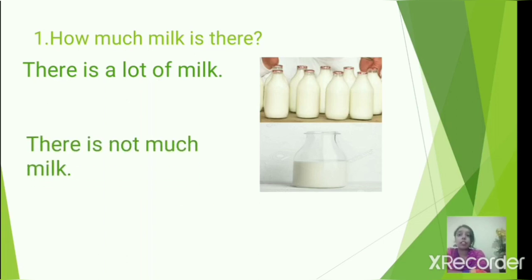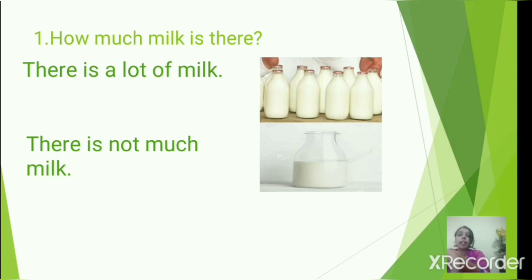Again, I'm asking the question, how much milk is there? We can say there is not much milk. When I'm comparing the first picture to the second picture, we can see in the second picture there is not much milk.